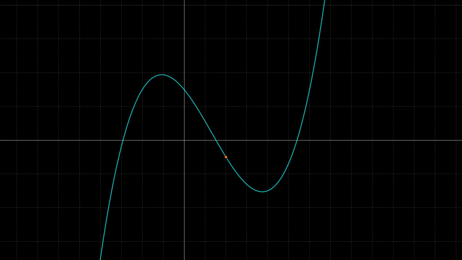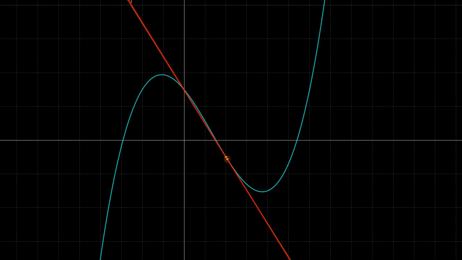And if we look at the secant lines, as we get closer and closer, we'll see that we're approaching this tangent line in red here, which is a line that has a negative slope.